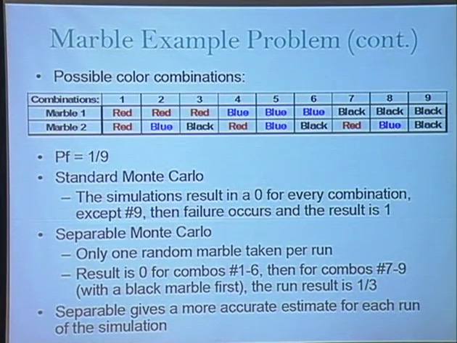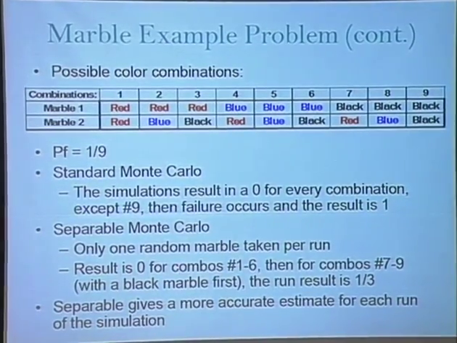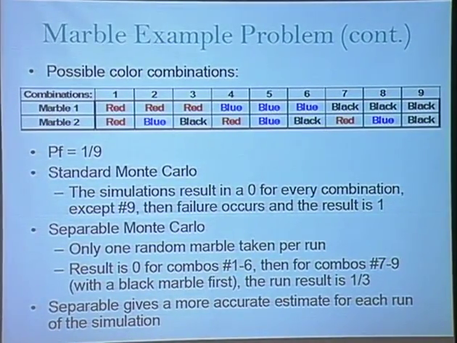If you started generating combinations like that with the standard Monte Carlo method, then you will get 0, which means non-failure for 8 of those 9, and 1 for the 9, which means that the minimum number of simulations that you can possibly use in order to find that 1/9 is 9 simulations.